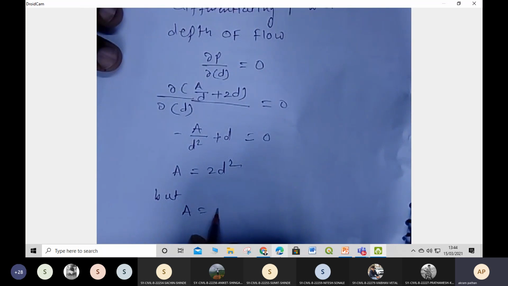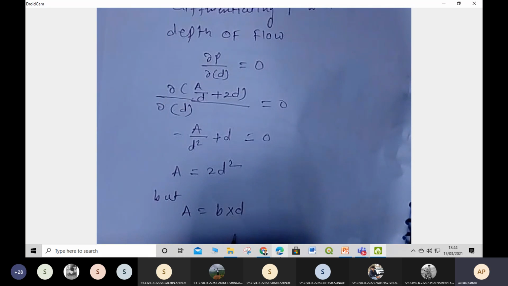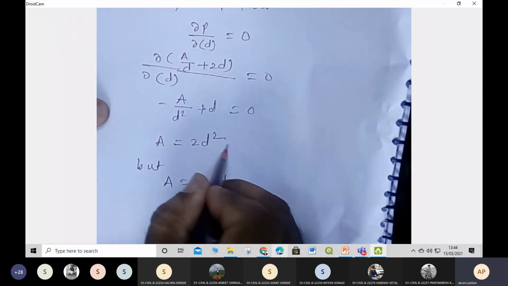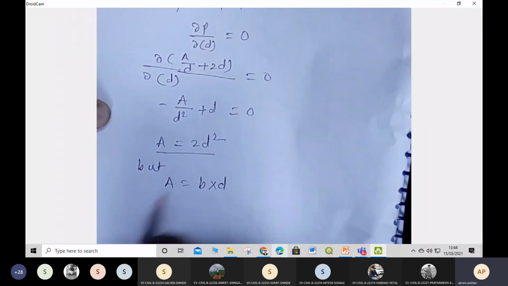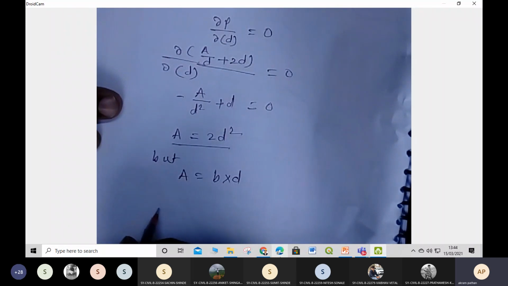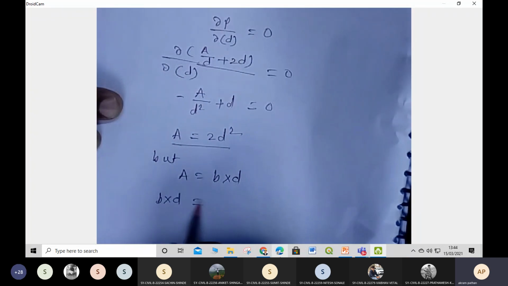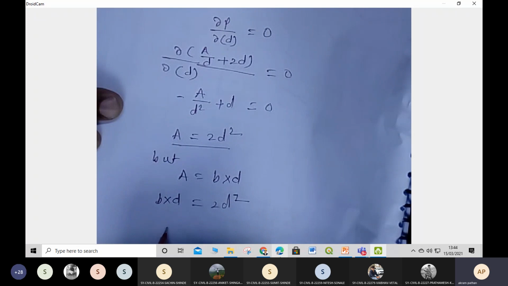A is equal to B into D, the area of the rectangular channel. If I put the value in the above equation, B into D, the area, is equal to 2D square. So B is equal to 2D. I have got this value for the width of the channel.